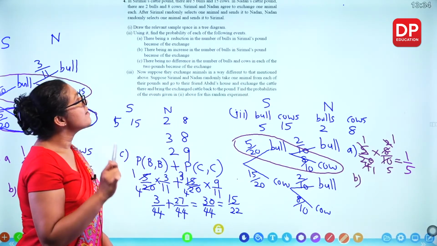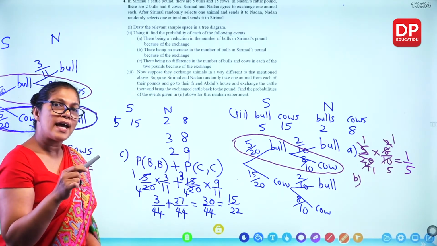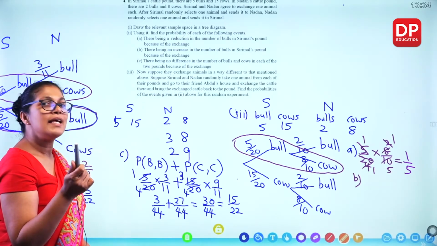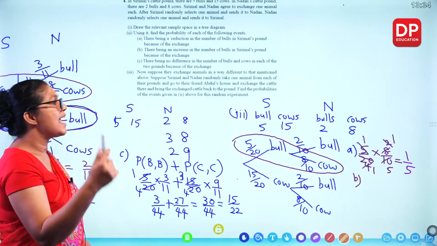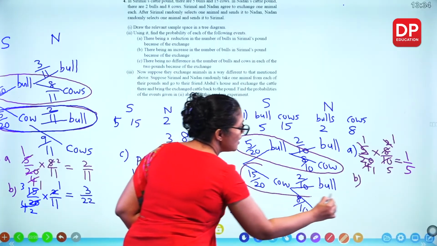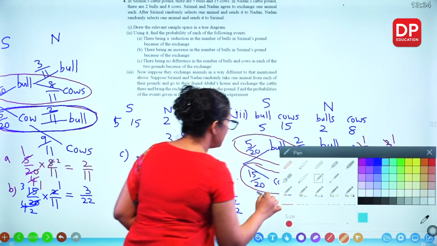Look at part B. There being an increase in the number of bulls in cereals pound. How can you get increase in number of bulls for cereal? That means he gives a cow and taking a bull. This branch now. So I'll take a different color.